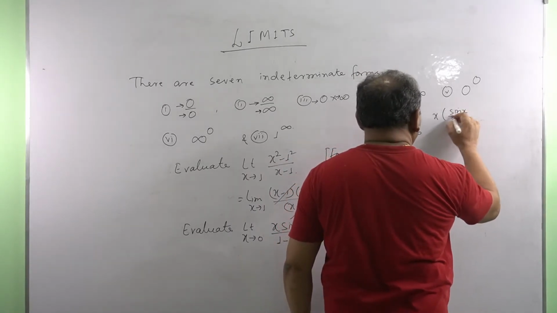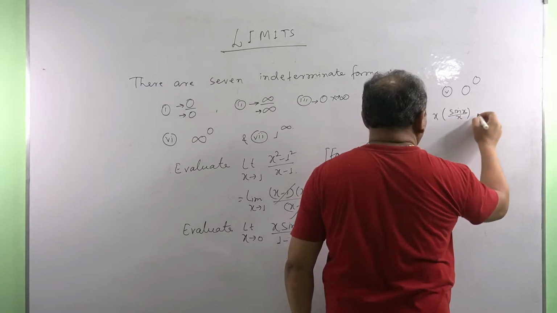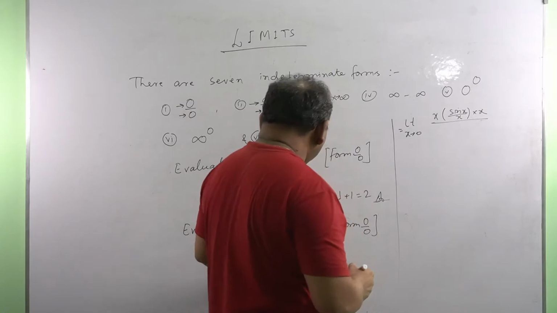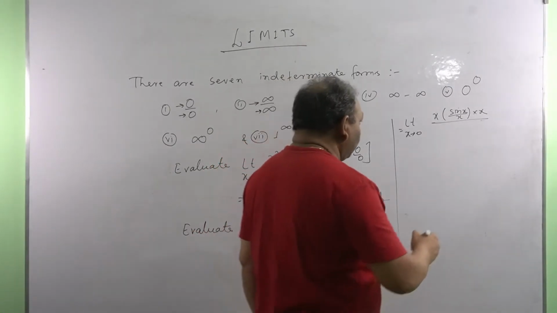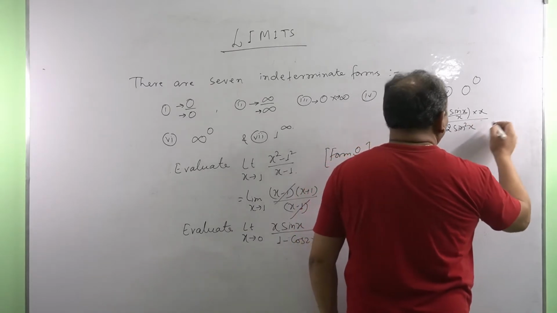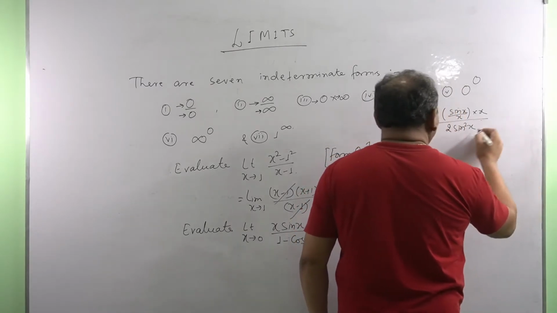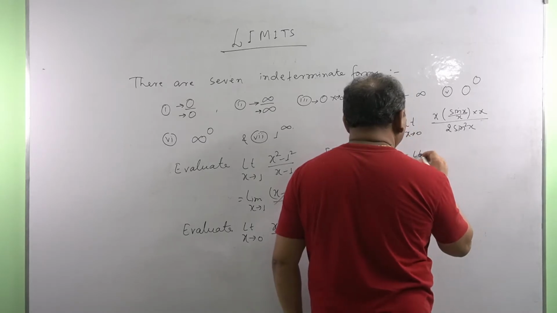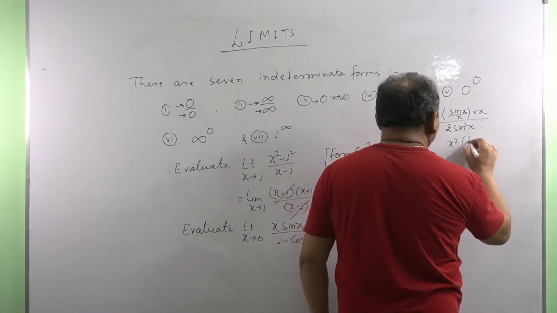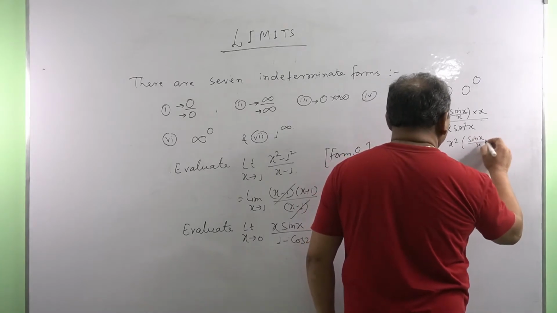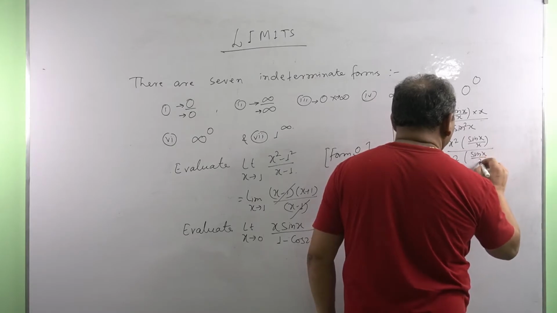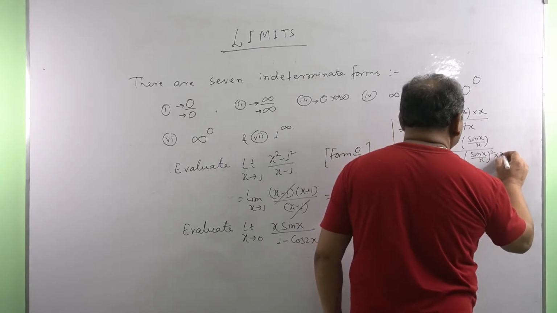So this can be solved as follows. x sin x can be written as (sin x by x) multiplied by x square, and 1 minus cos 2x can be written as 2 sin square x. So the limit as x tends to 0 of x square (sin x by x) divided by 2 (sin x by x) whole square into x square.